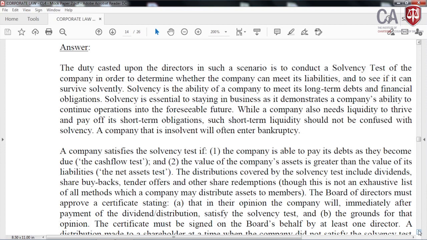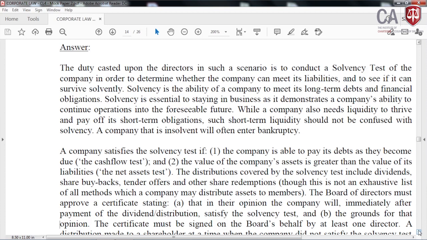The distributions covered by the solvency test include dividends, share buybacks, tender offers and other share redemptions. So you have to look at all these areas in conducting a solvency test, though this is not an exhaustive list of all methods by which a company may distribute assets to members.